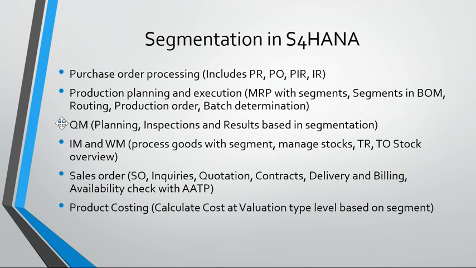Classic MRP it is not available. Segmentation in BOM, routing, production order, and batch determination we can use completely. In a BOM you can have segmentation at the header level, in a routing at the component level, and orders you can also split in multiple ways.